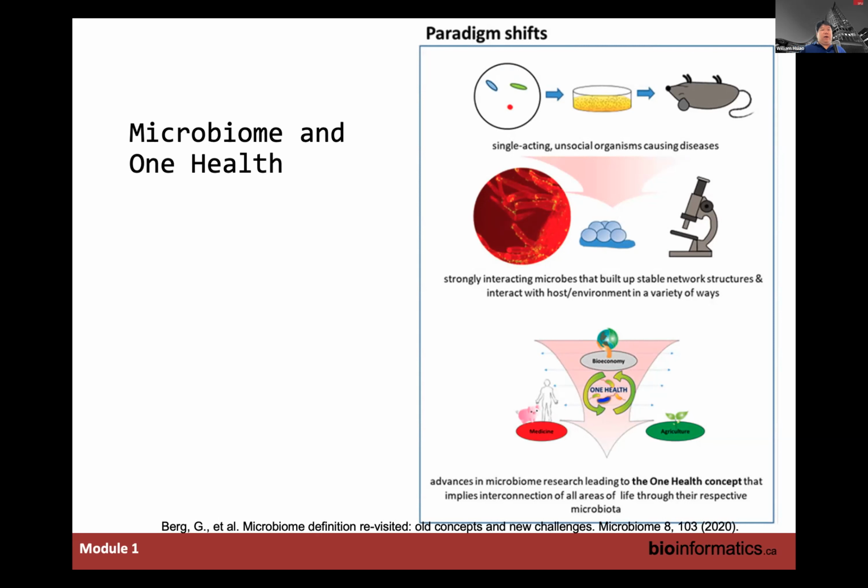The One Health concept states that the interconnection of all areas of life can be elucidated through the study of microbiome dynamics. And this review also highlighted how it's possible to integrate different data sources and different modalities of data to do a more holistic study.